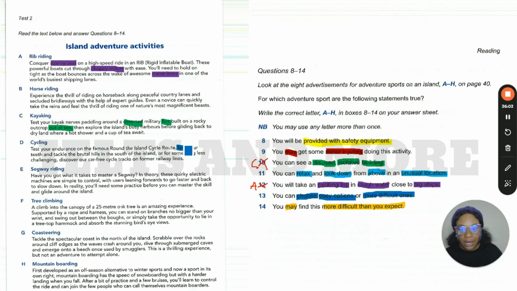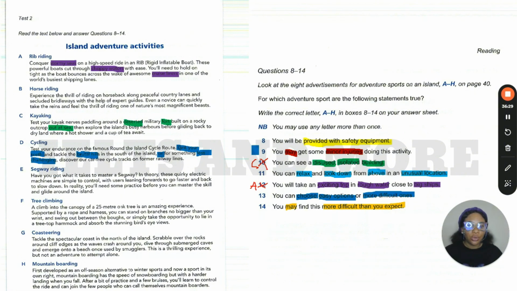I said that gritting your teeth shows that something is difficult or really taxing. Another word is the brutal hills. That shows something is difficult. Then you have the or, which is also found in the question, right? Something less challenging.